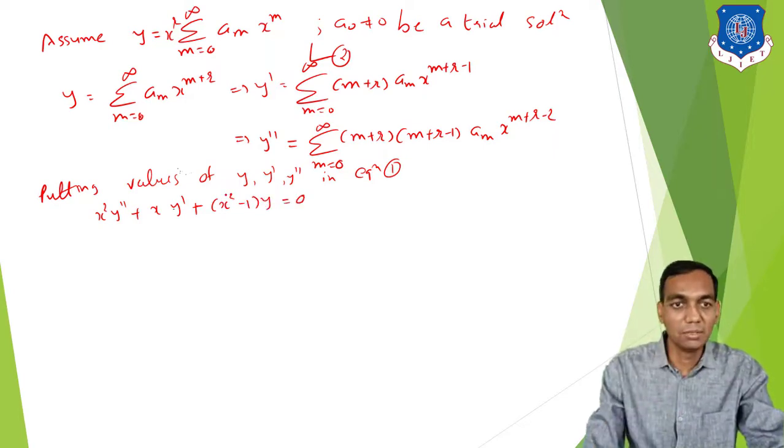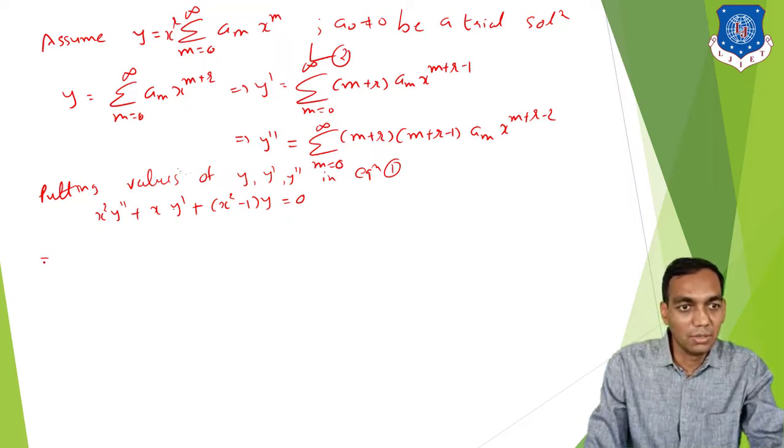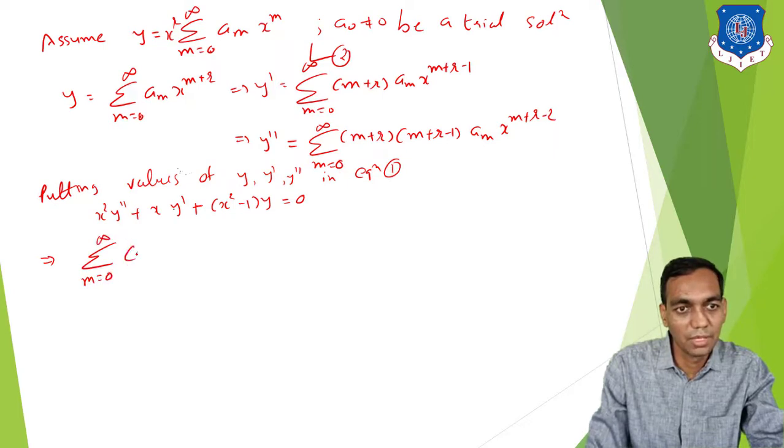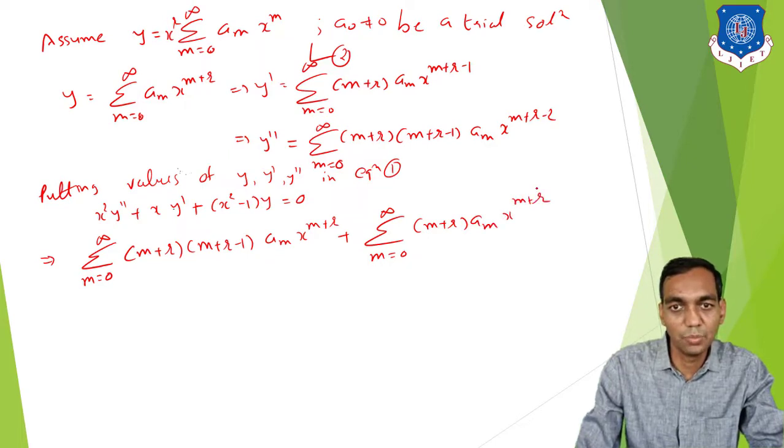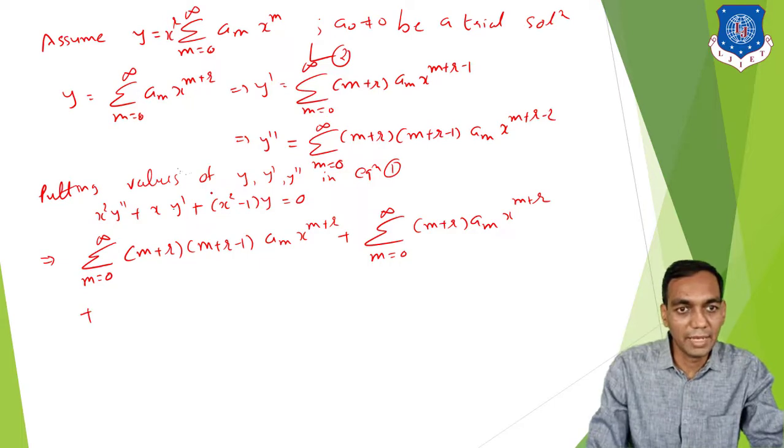Okay. Now see, I am going to multiply x square directly inside and we are going to separate the terms. That will give you sigma m running from 0 to infinity m plus r minus 1 am x raised to m plus r, plus sigma m running from 0 to infinity m plus r am x raised to m plus r, plus x square into y.